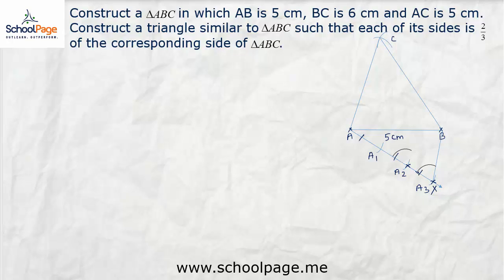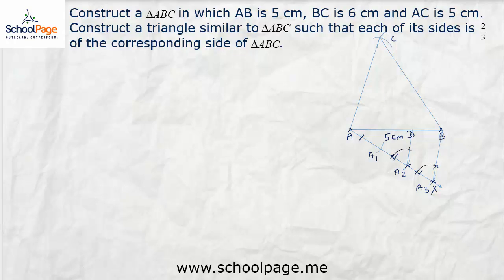Let us keep the compass at this point and measure this distance. Without changing the radius, let us keep the compass at this point and cut the arc. Let us now join A2 to the arc and extend it to AB. Let us mark this point as D.